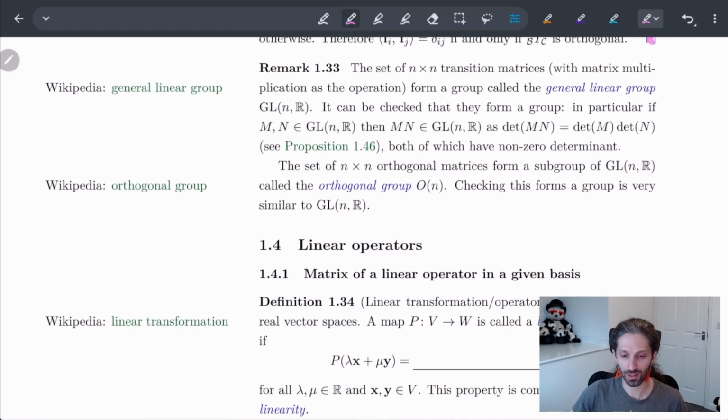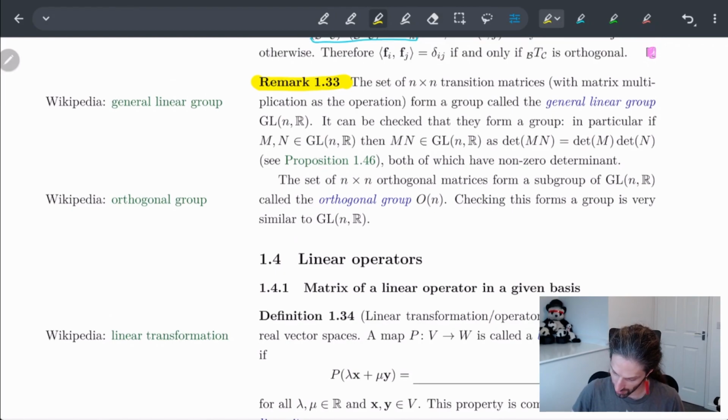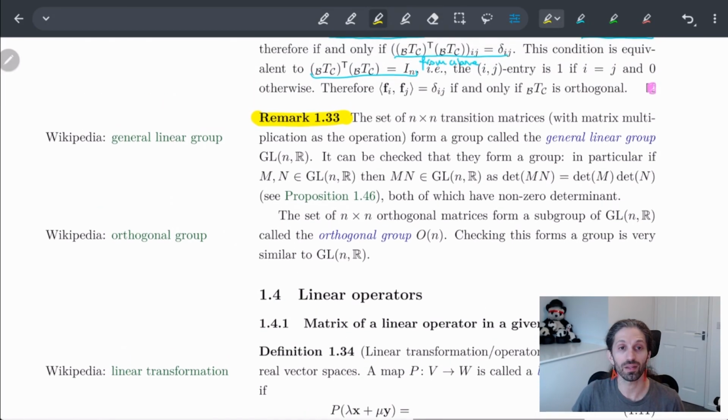One last remark before we end this section: if we look at all n by n transition matrices, they actually form a group, called the general linear group. For those who have seen group theory, this is a fairly well-studied group, and it's pretty cool how it functions.